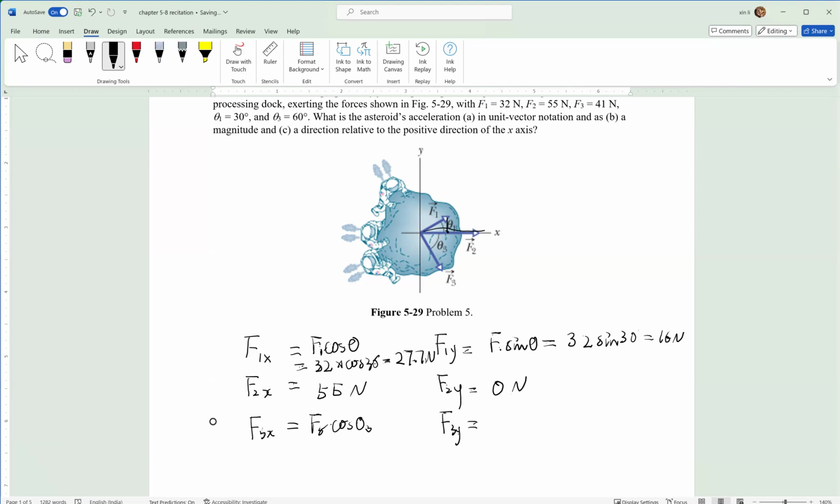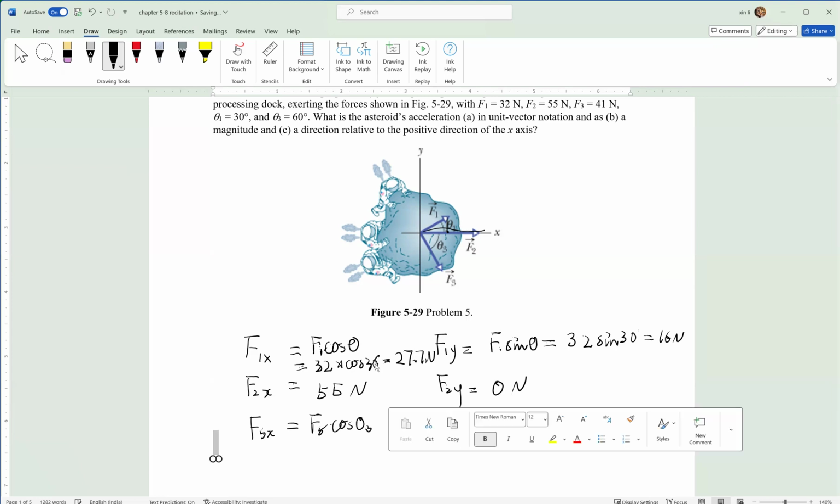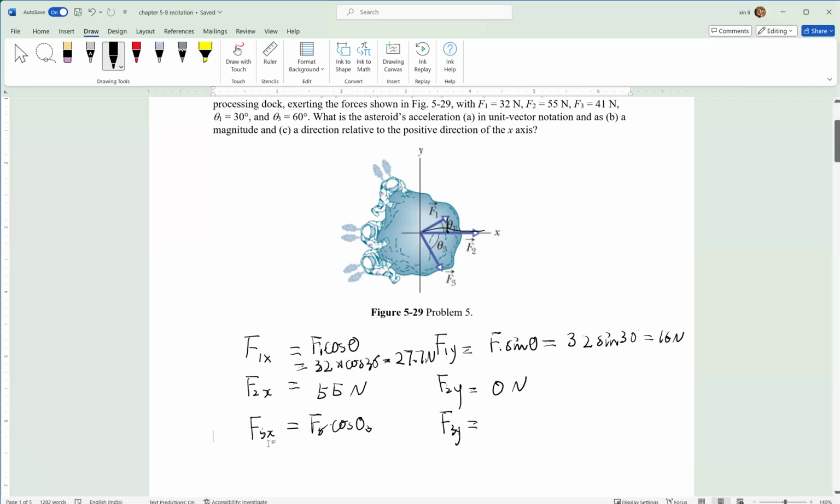And you are going to get 41 times cosine 60, and then you are going to get 20.5 Newtons.